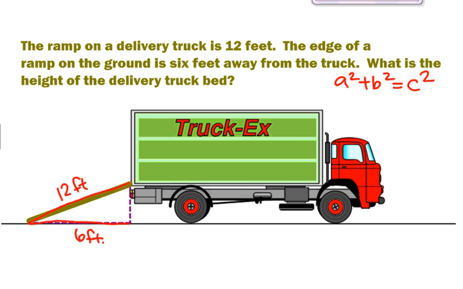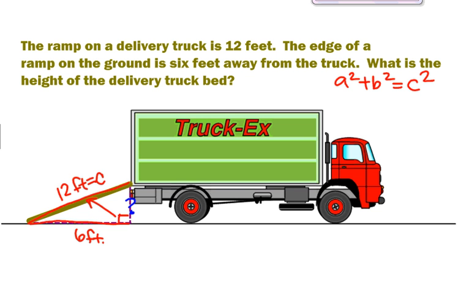Now on this one they didn't draw the right angle, but I can see by the picture that the right angle is there. So that must mean 12 is the longest side, the hypotenuse, which is C. What is the height of the delivery truck bed? So they're asking me, what is this right here?